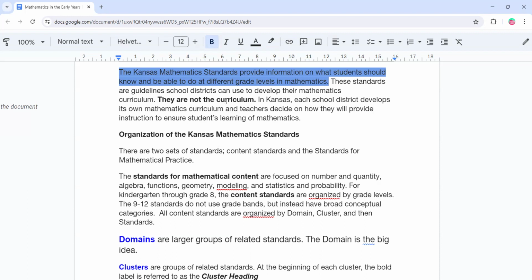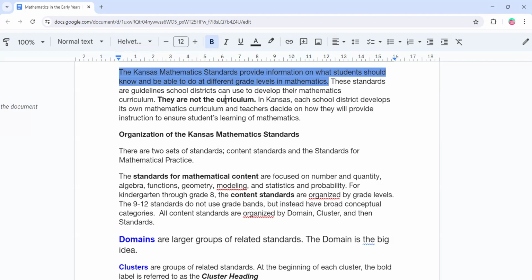For kindergarten through grade 8, the content standards are organized by grade levels. Grades 9 to 12 standards do not use grade bands, but instead have broad conceptual categories. All content standards are organized by domain, cluster, and then standards.